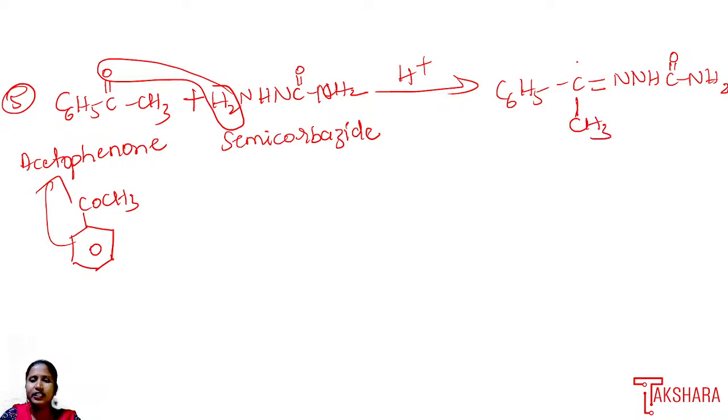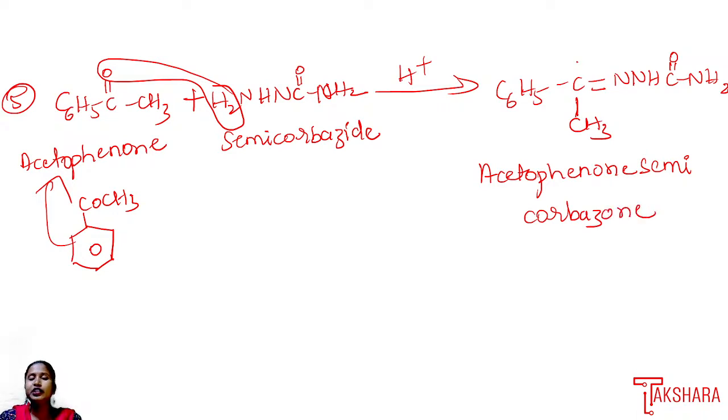So the product is called acetophenone semicarbazone. Acetophenone semicarbazone is formed when acetophenone is treated with semicarbazide.